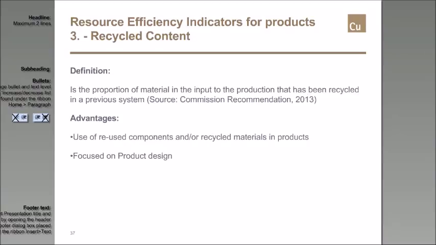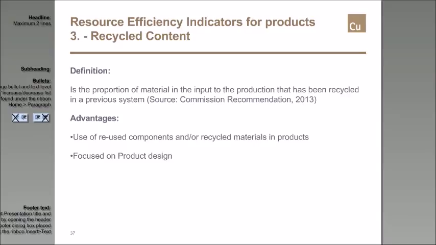And finally, we propose to assess resource efficiency indicators to quantify the recycling content of a material. So this amount of material that has been recycled already and is included in the product. So again, it helps us to assess how these components are recycled in products, and again, it's an indicator that could be focused in product design.